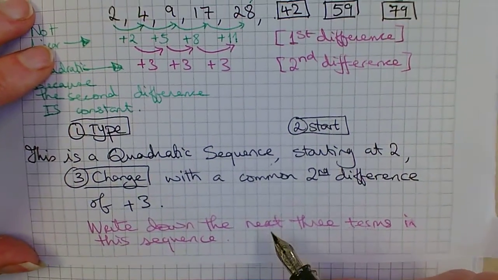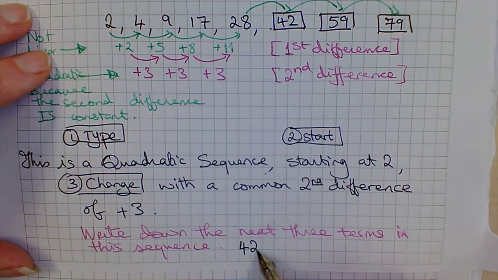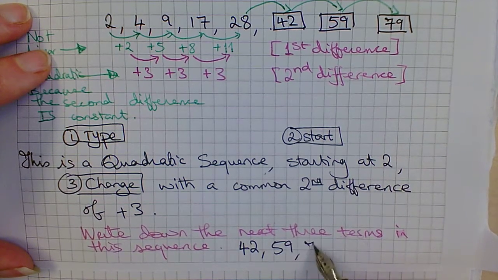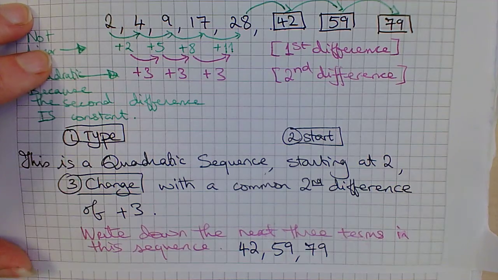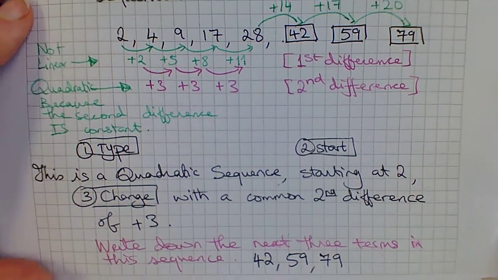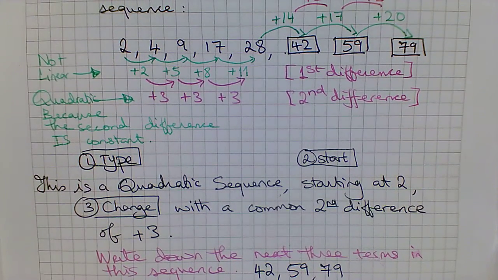So the answer down here, the next 3 terms in the sequence are 42, 59, and 79. Quadratic sequences are definitely a little bit more tricky to work with, because you have to work out that second difference and then use that to work out the change, your first difference at every step, and then you can work out the next few terms after that.